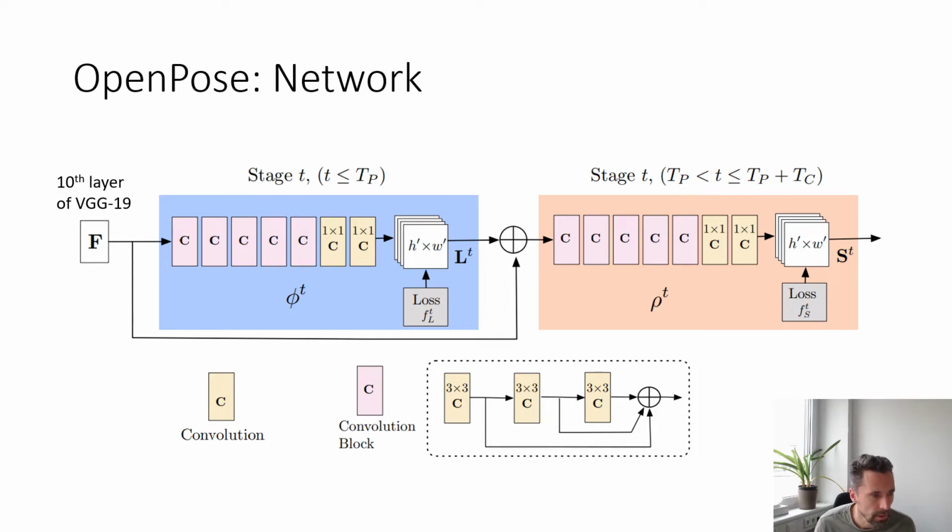So this one is the part-affinity field. Now you have a sequence of those blocks, and at each output of this block, you feed in a loss, which basically compares the prediction to the part-affinity fields of your ground truth, right?